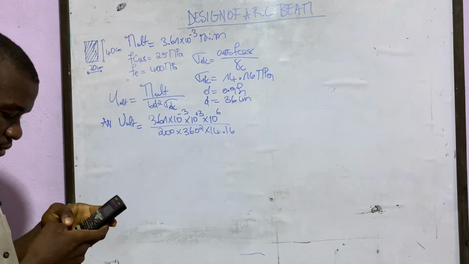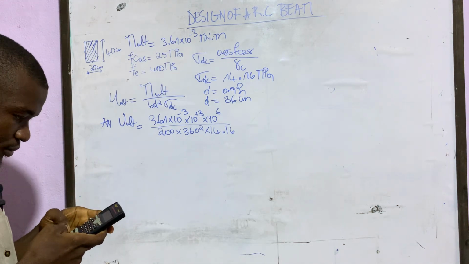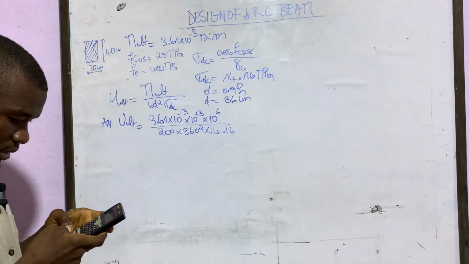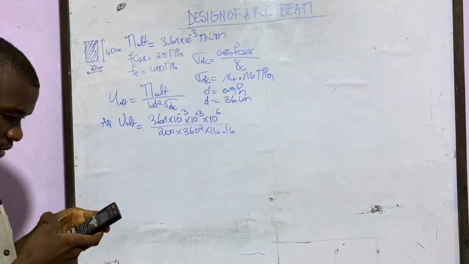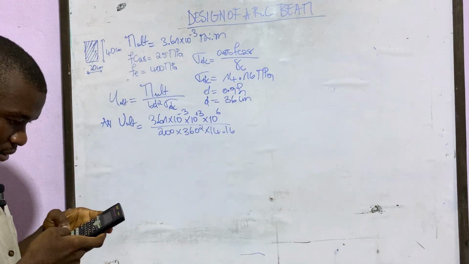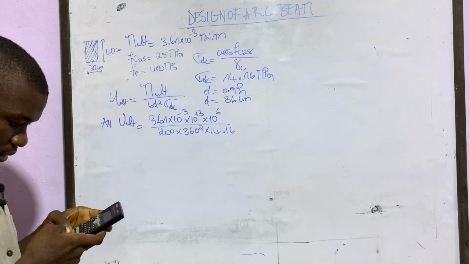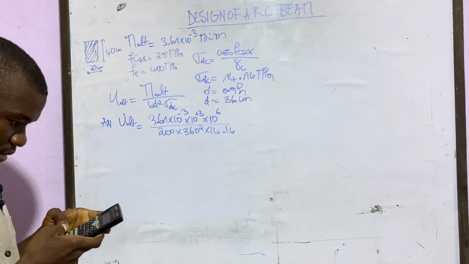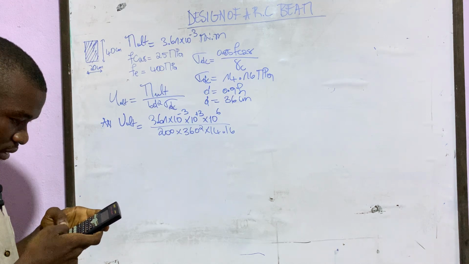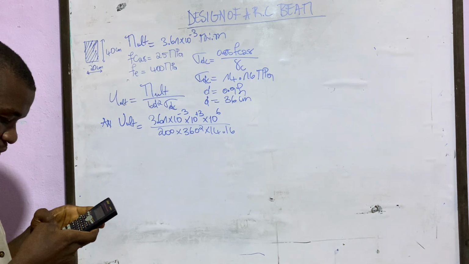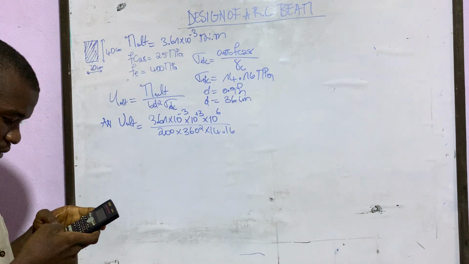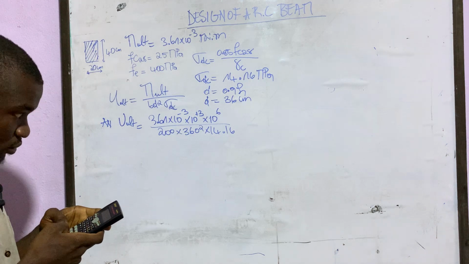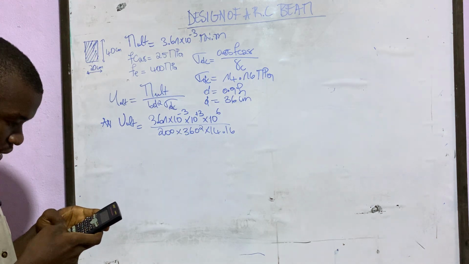Now we punch 3.61 times 10 to the power negative 3 times 10 to the power 3 times 10 to the power 6. Then we divide by 200 times 360 square. Don't forget the square, times 14.16.